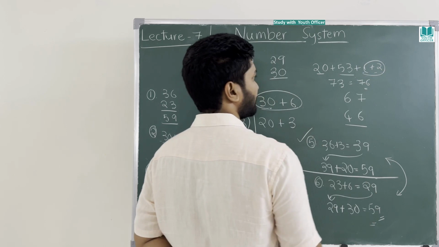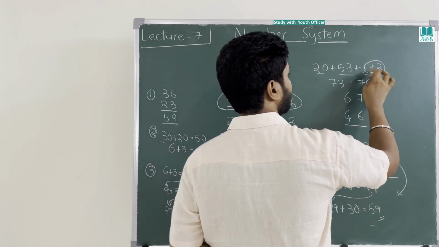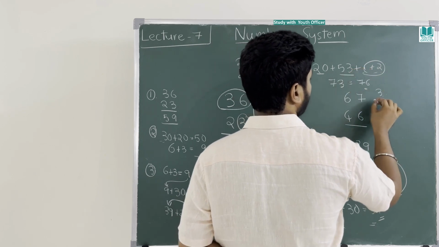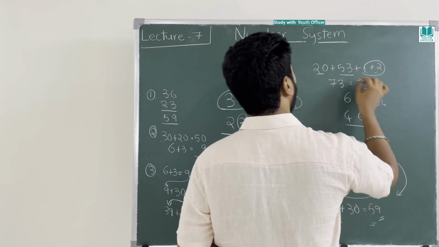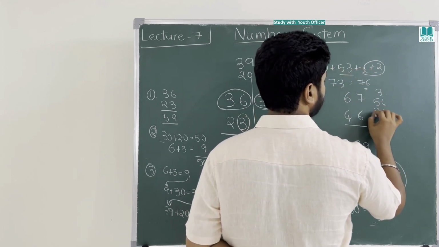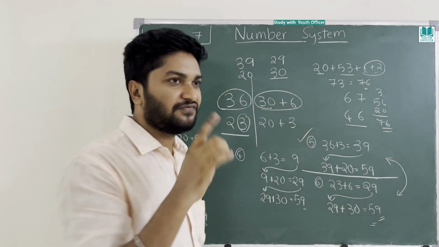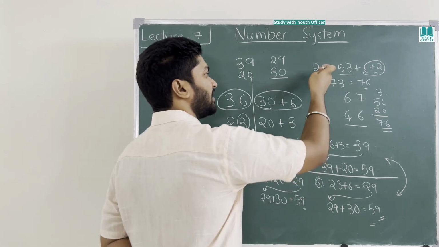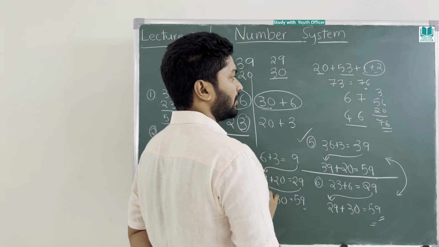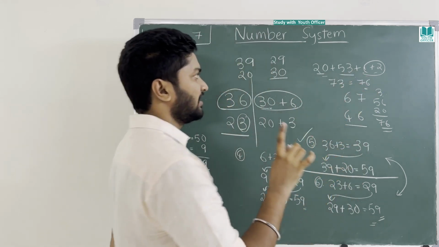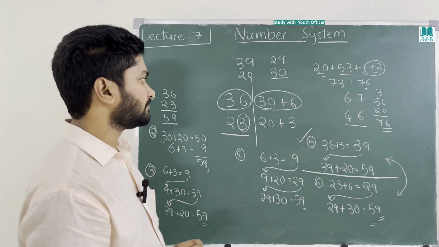Very easy. But if you keep adding this, 1 plus 2 is 3, then 3 you add to 53, 56, then you add 20 to this, 76. The process will become very difficult and your brain also feels burdened that there are bigger numbers to add like that. That's why you always finish bigger numbers first, then go with the small numbers.